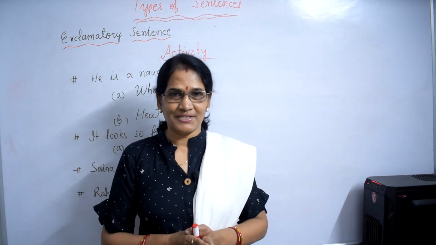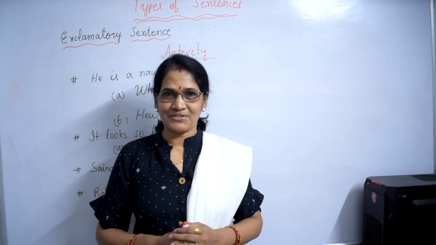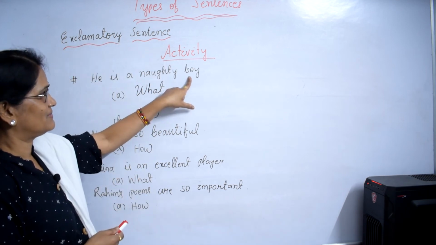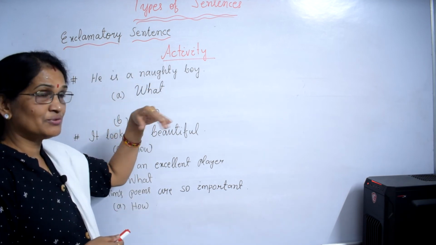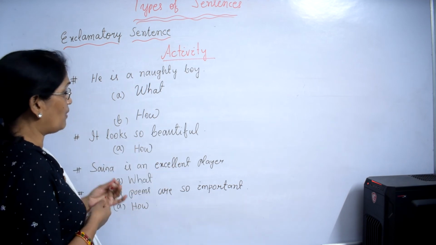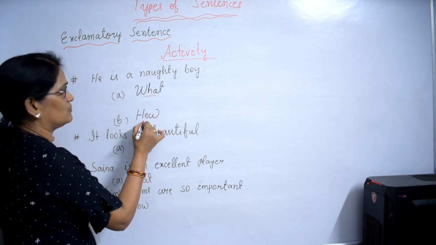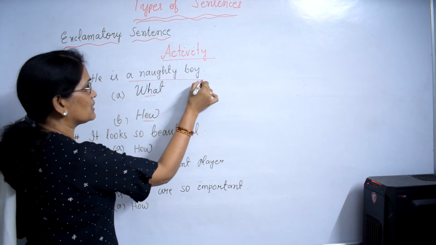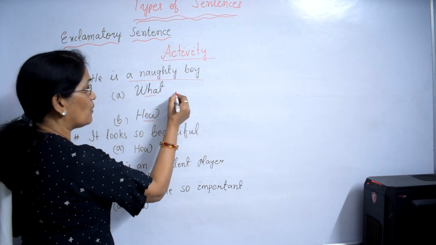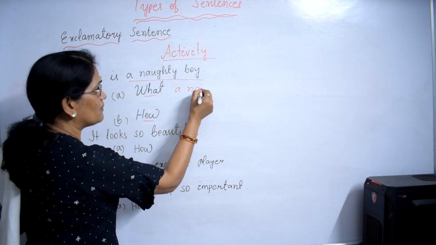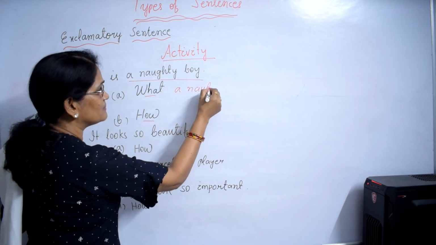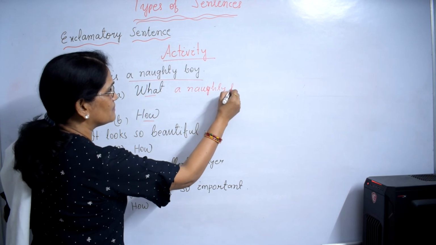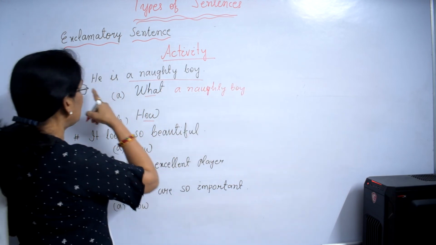Let's do an activity to learn more about exclamatory sentences. He is a naughty boy. Convert the sentence into an exclamatory one using what and how. When you use what, the total noun phrase will come. What a naughty boy. He is.